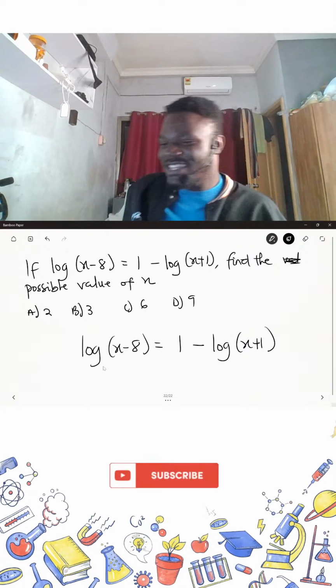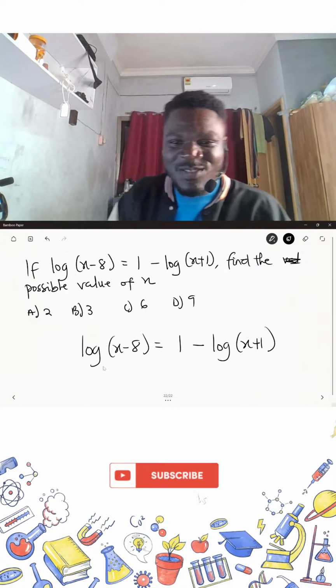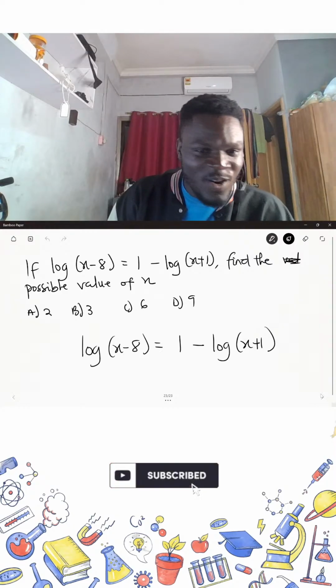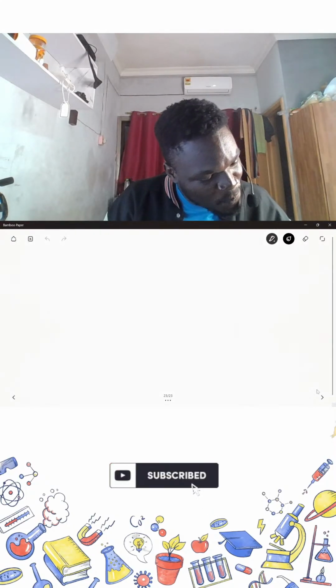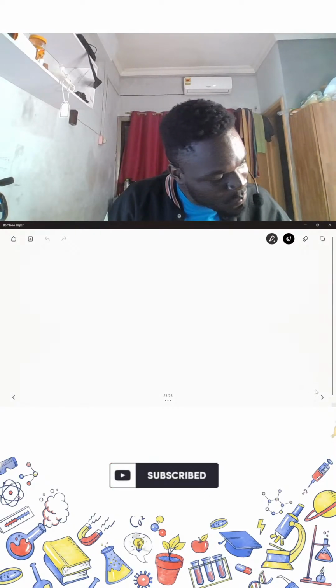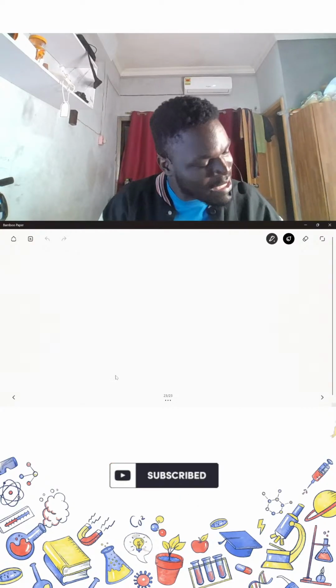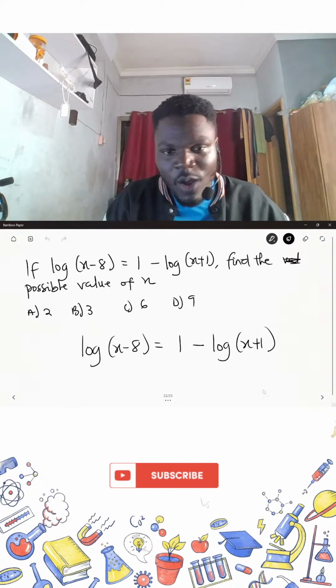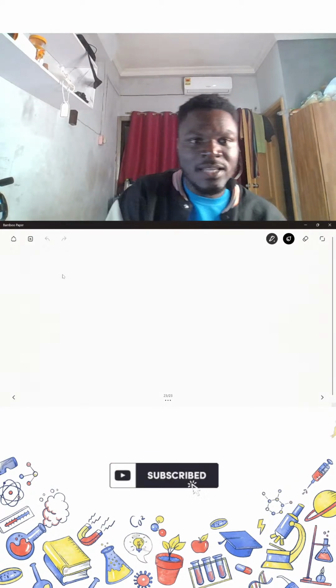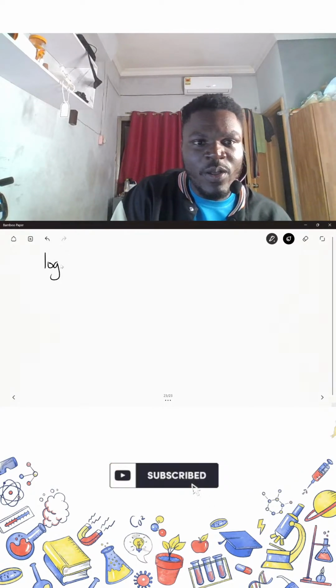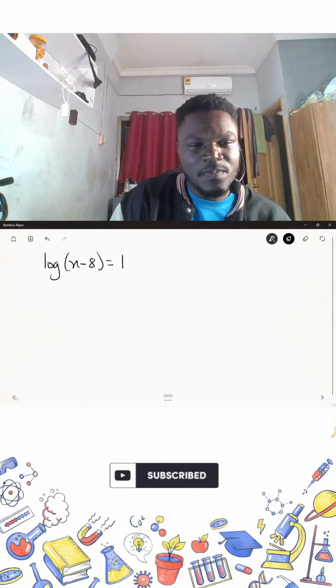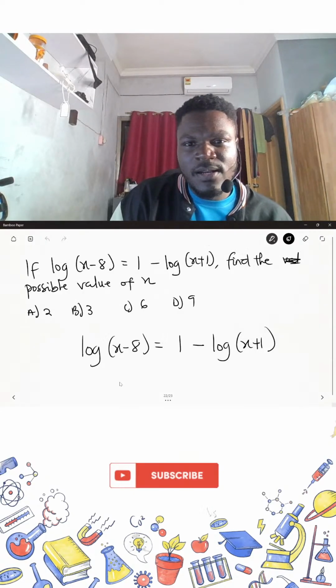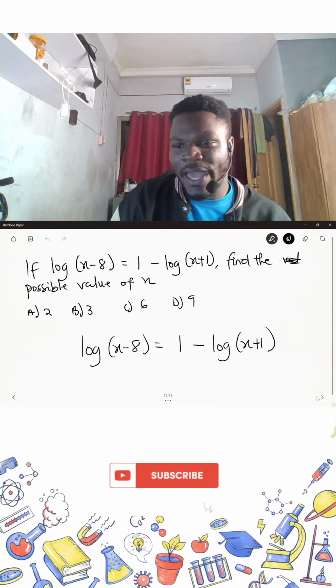Okay. So let's look at the solution to the problem. What was the question again? I need to grab that question again. It is log x minus 8 is equal to 1 minus log x plus 1.